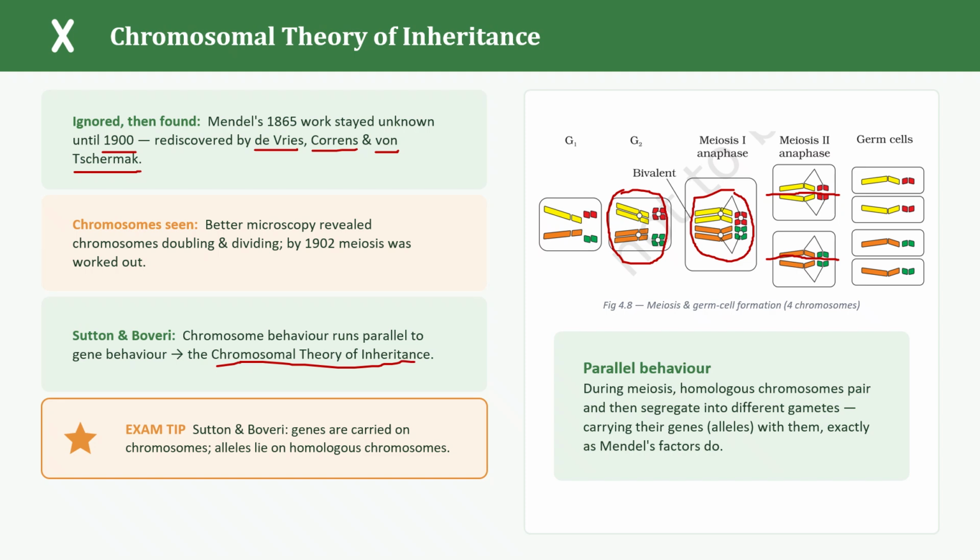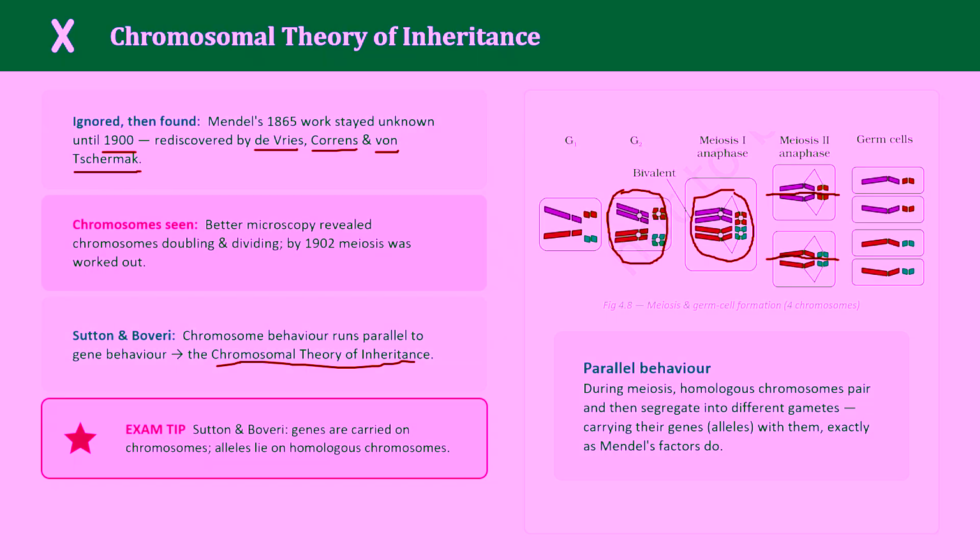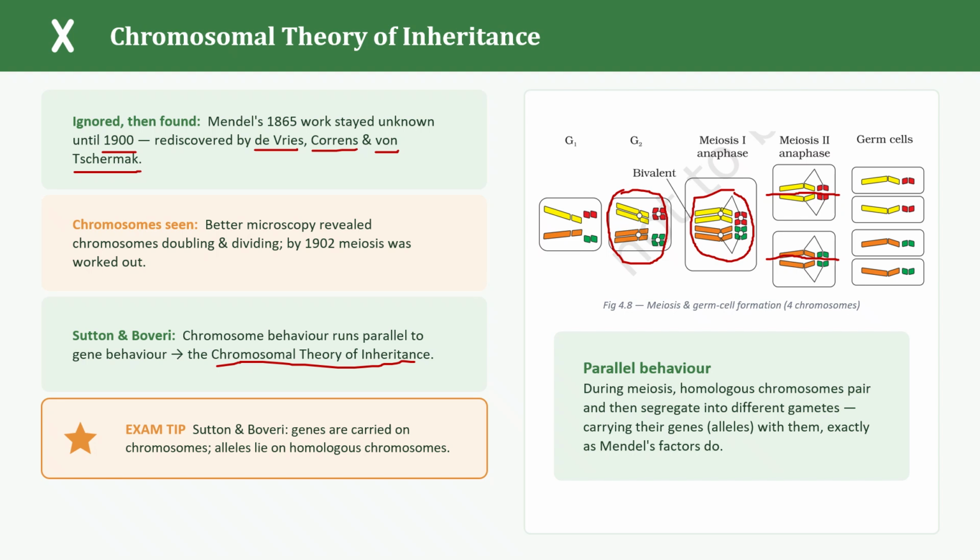According to that theory, genes are located on chromosomes, and the chromosomes are responsible for transmitting the hereditary characters. For example, let us take this as our chromosome, and he said the genes are located on the chromosomes. So this is a gene, yes. You can have a question like, can chromosomes explain why alleles separate during meiosis?